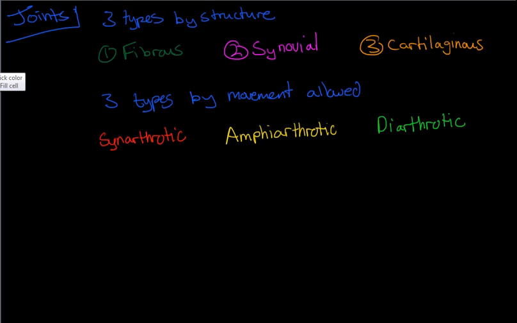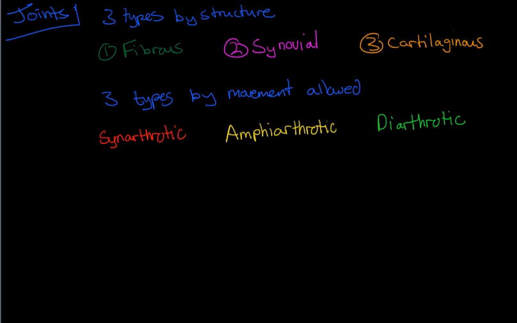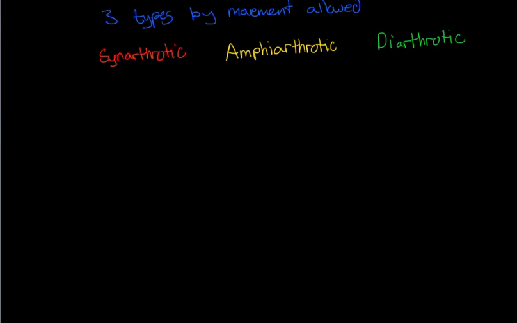Today we're only going to focus on fibrous joints and cartilaginous joints. And we're going to talk about synovial joints for the entire next webcast. So first, fibrous joints. For the most part, these are mostly synarthrotic.